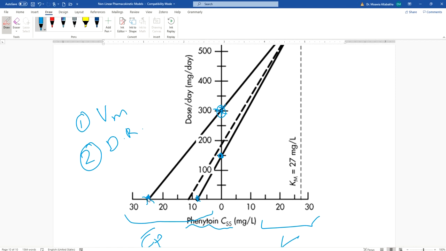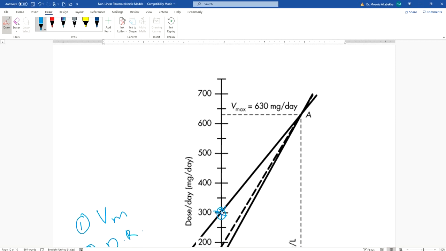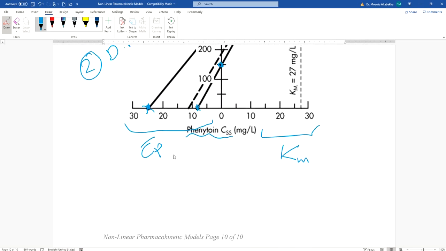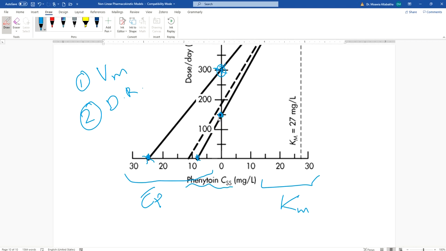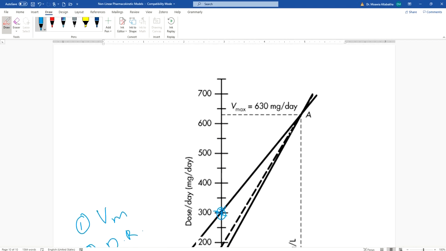Now connect between these two data points with a line and then extrapolate, continue rising. You do the same thing with the second dosing rate and its average concentration. Connect between them and continue extrapolating.